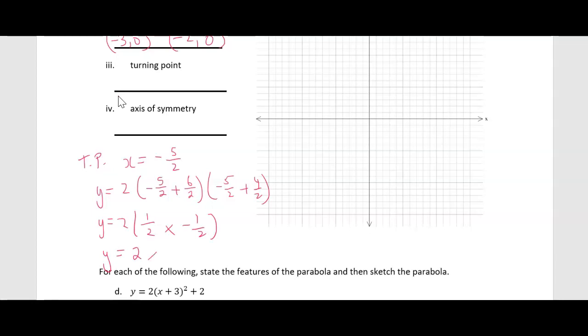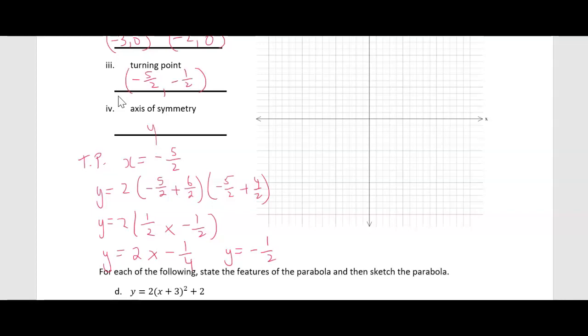All right, so we've got 2 times a half times negative a half, which is negative a quarter times 2, and that is negative 2 on 4, which is negative a half. All right, so your turning point is negative 5 on 2, negative a half.